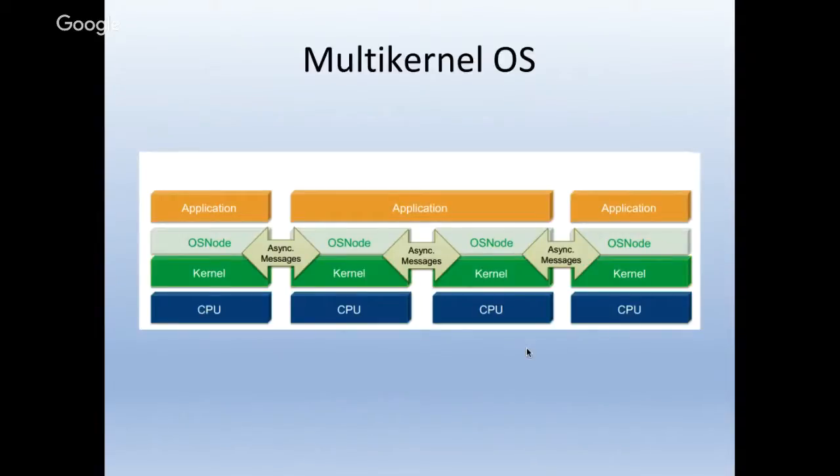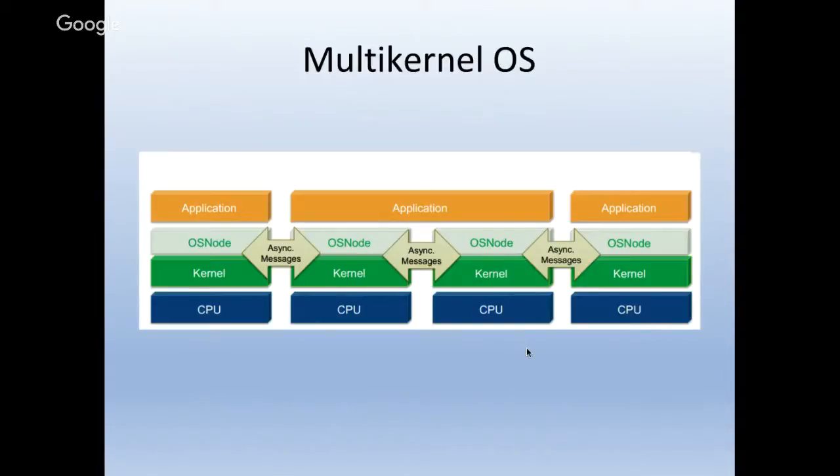So, we argue that a good architecture model for dealing with dynamic cores, adapting to heterogeneous cores, or changing software requirements is a multikernel model. In a multikernel model, each core runs a separate kernel program, and the state is kept as per-core state in what we call an OS node.